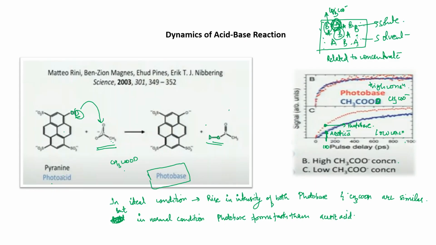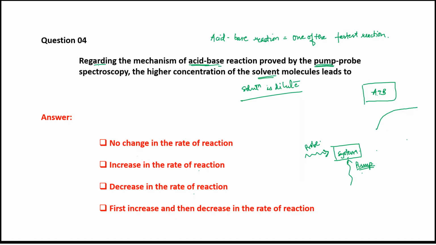Okay, yeah, so if they are asking that and they have given a medium of CH3CO minus, then we can also say that it will increase the rate of reaction. Not that the solution is dilute. Say the solvent molecules are CH3CO minus. If they are higher, there will be increase in the rate of reaction. Okay.